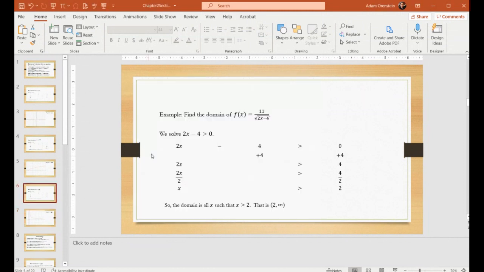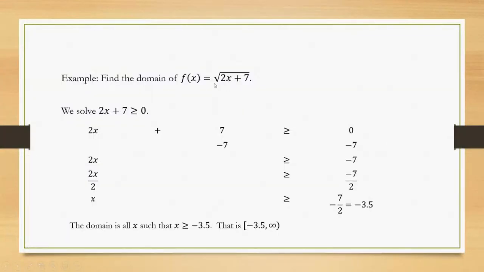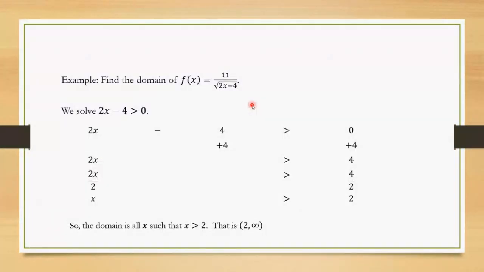When you have the radicand, which is what's under the square root, you always want that to be greater than or equal to 0 if it's like this. But if you have it in the denominator of a fraction, such as this, then you just want it strictly greater than 0. Sometimes the inequality might turn around if you multiply or divide by a negative.